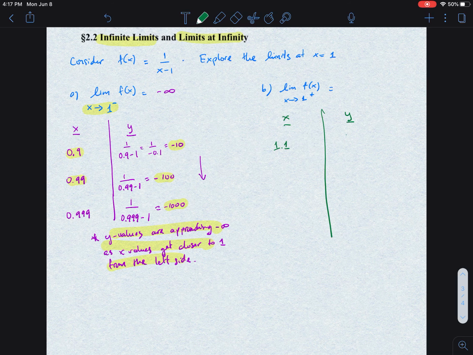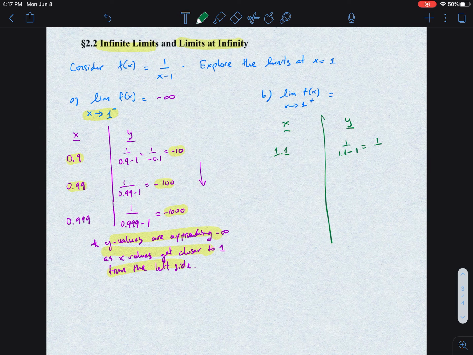That gives us the first y value, 1 over 1.1 minus 1. So that's 1 divided by 0.1, which is a positive 10. Similarly, we can get even closer to 1 by doing 1.01.